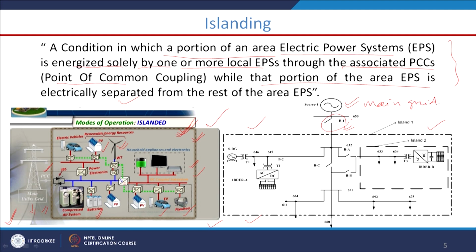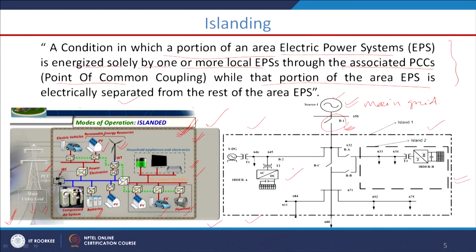We are naming this main grid side breaker as B1. B1 is the main grid side circuit breaker. This source 1, or the main grid, is connected to the dotted line. This dotted line shows our microgrid system, where we have this solar, and also we have synchronous based DG, and also one more solar.